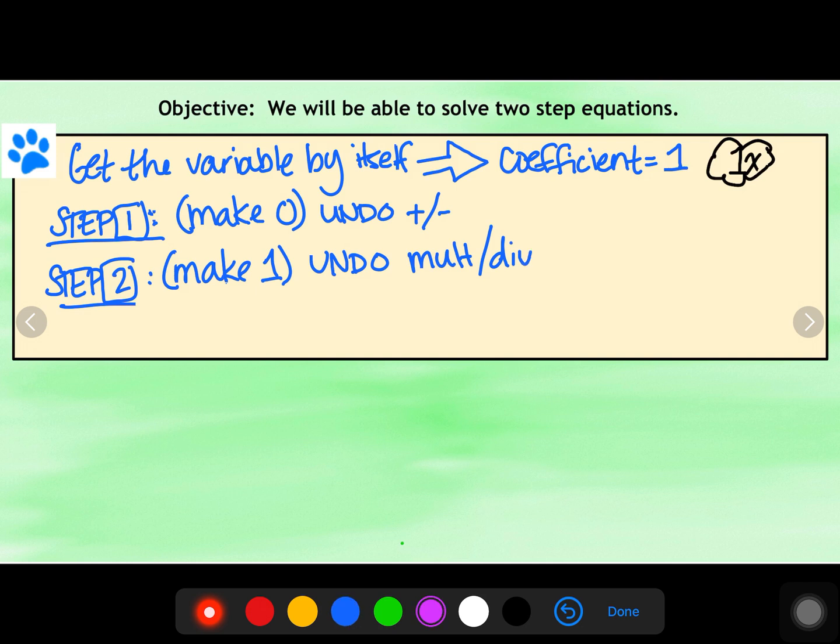Now, there are some things to be careful of here, because it could involve things that look like fractions or that are fractions. Sometimes you could use the reciprocal.